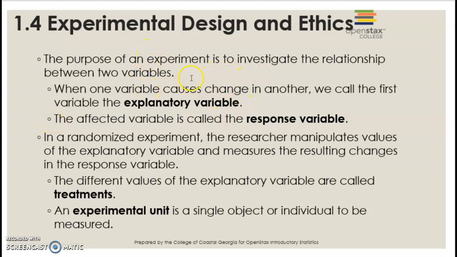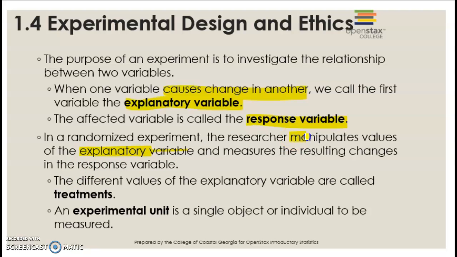Purpose is to investigate the relationship between two variables. When one variable causes change in another, it's an explanatory variable. The affected variable is called the response variable. In a randomized experiment, the researcher manipulates values of the explanatory variable.